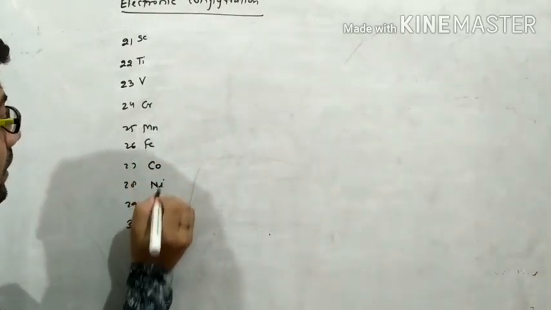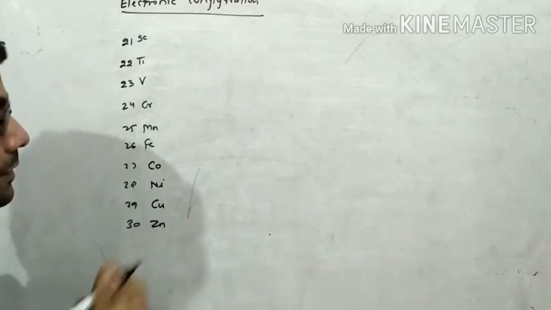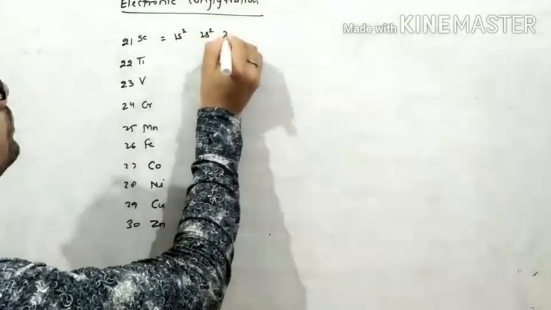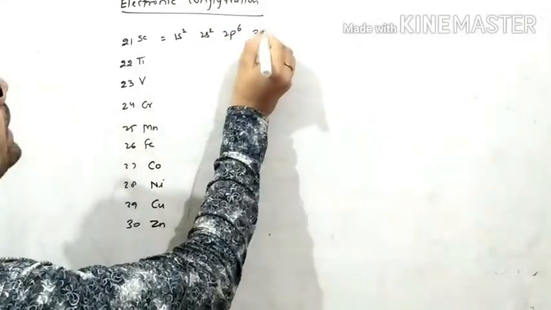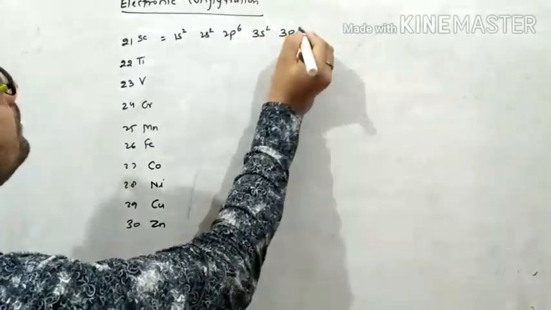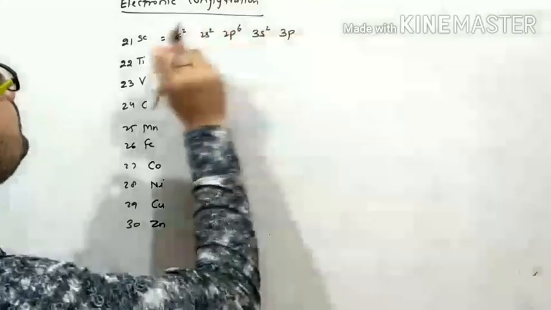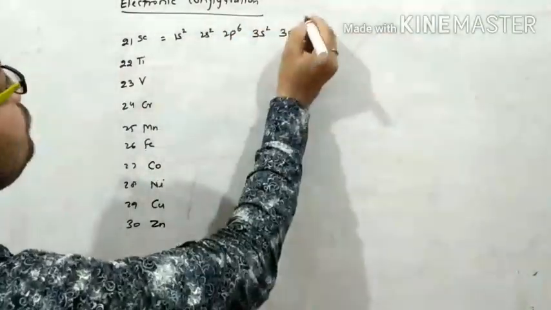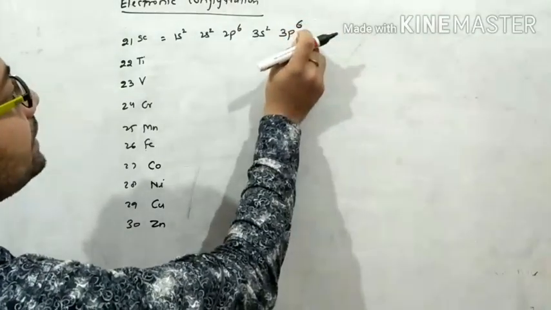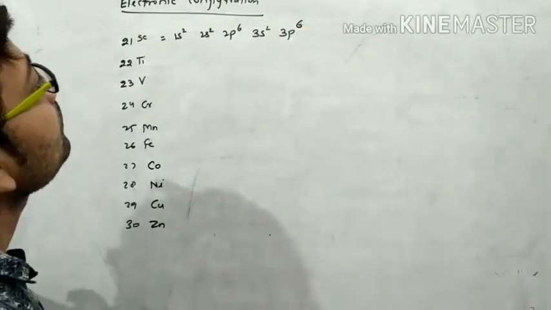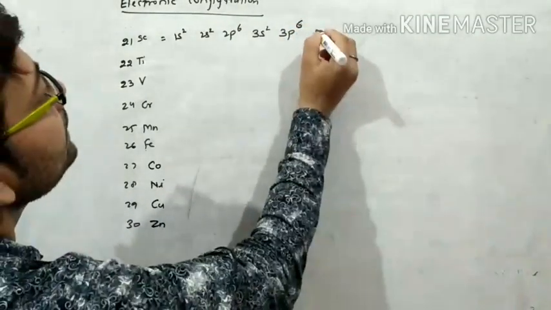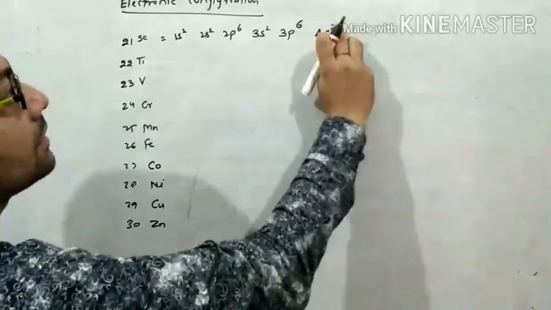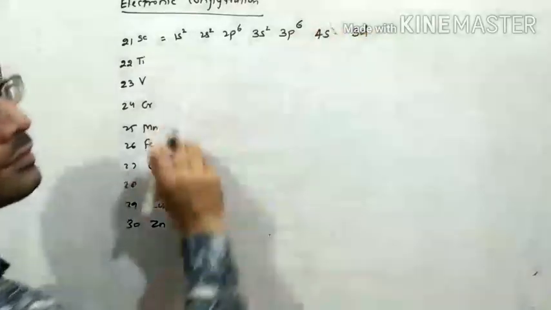That is 1s2, 2s2, 2p6, 3s2, 3p6. And then firstly you fill the 4s, then 3d.